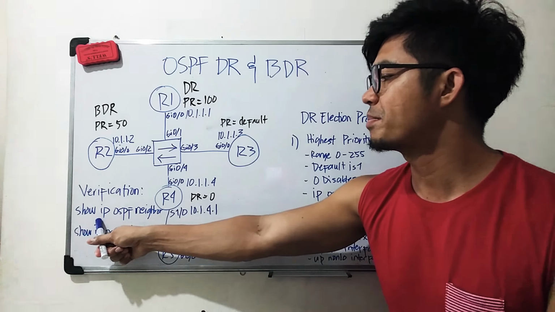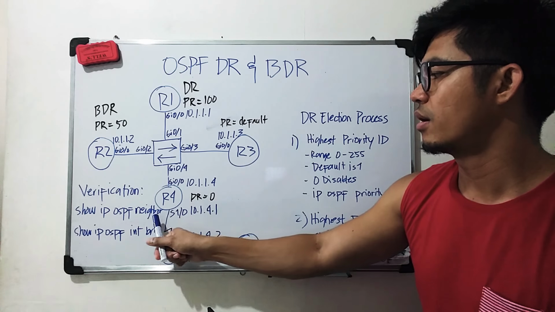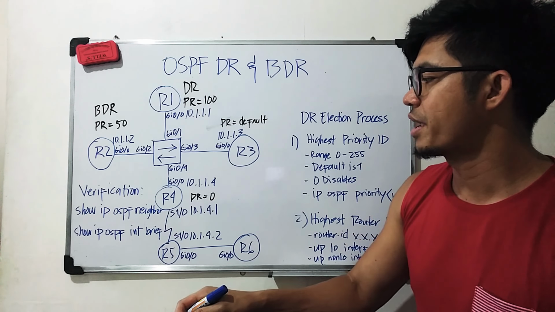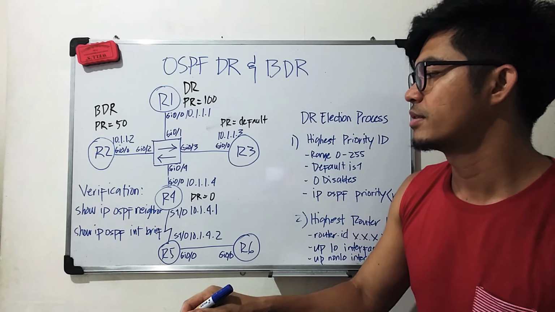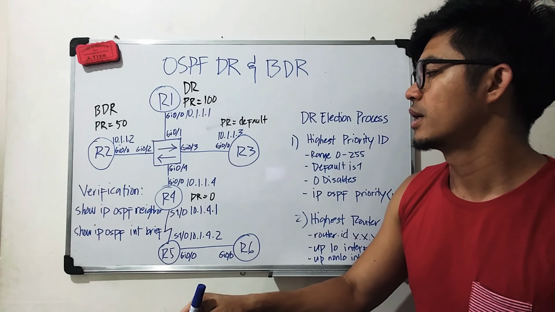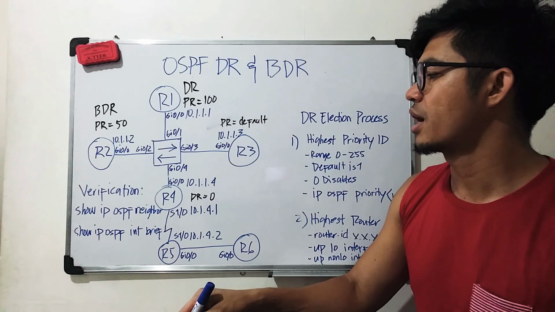If you do show ip ospf neighbor on these routers, it will show that they just have a two-way state, not full, because they don't exchange routes between each other.